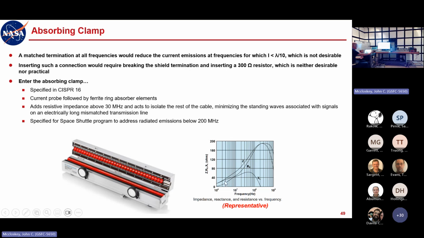At the low frequencies it's more inductive, but as you go up in frequency, the inserted impedance is more resistive. It's absorbing, right? It's basically providing a damping resistance. This is a representative curve, and your mileage may vary depending on your manufacturer, but it gets you up to 150, 200 ohms, which just provides some damping of those peaks and valleys in your measured data.